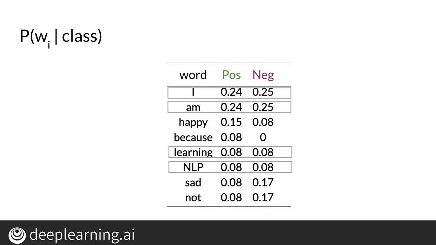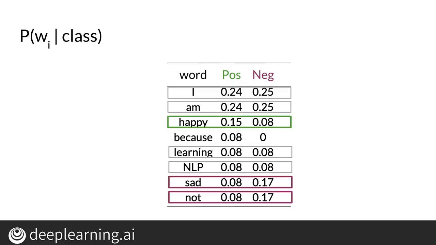The interesting thing here is words that are equally probable don't add anything to the sentiment. In contrast to these neutral words, look at some of these other words like happy, sad, and not. They have a significant difference between probabilities. These are your power words, tending to express one sentiment or the other. These words carry a lot of weight in determining your tweet sentiment.